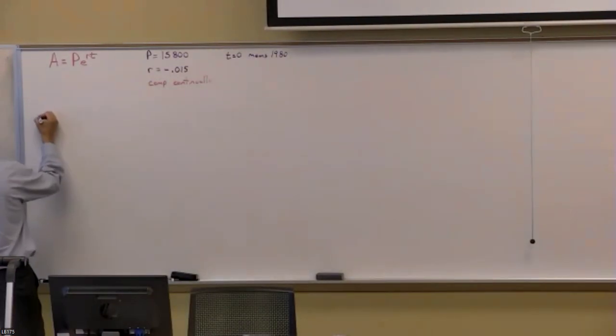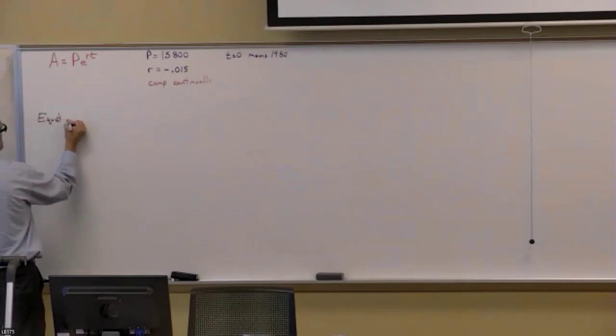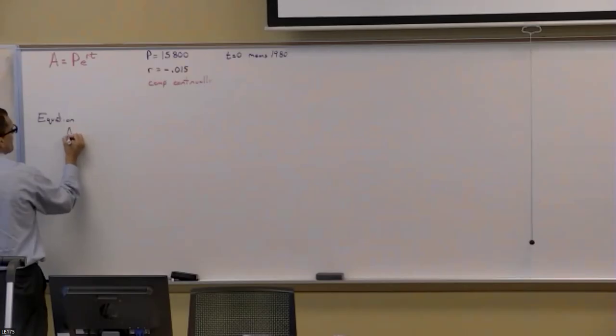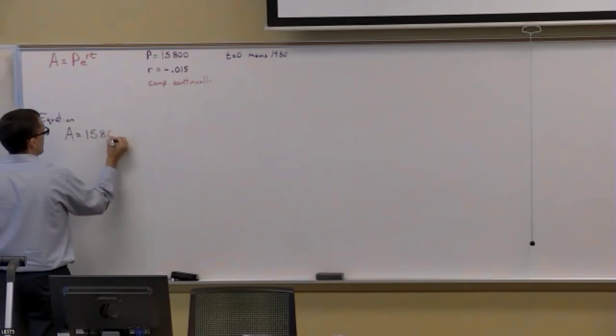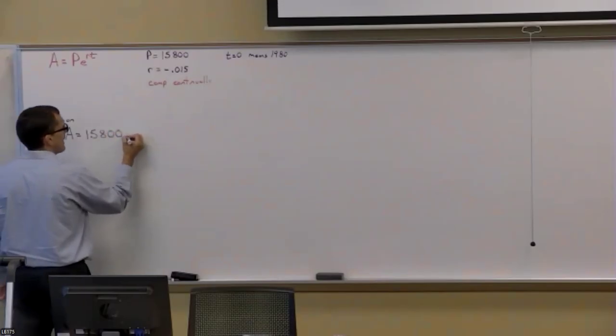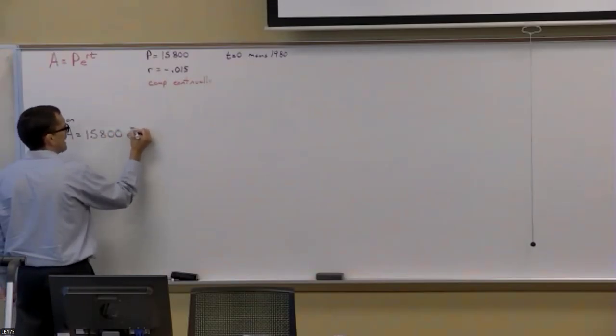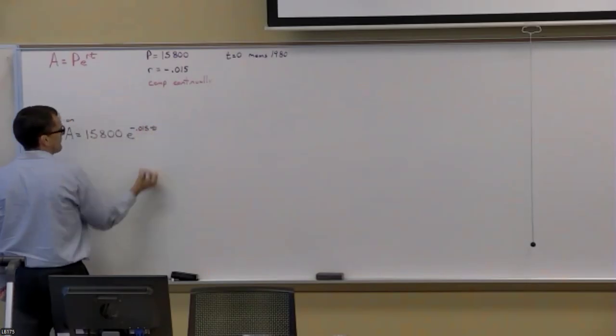So as far as the equation goes, pretty straightforward: A equals 15,800 times e to the negative 0.015 times t.